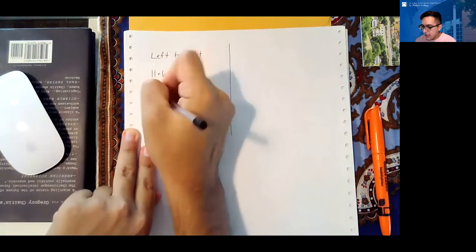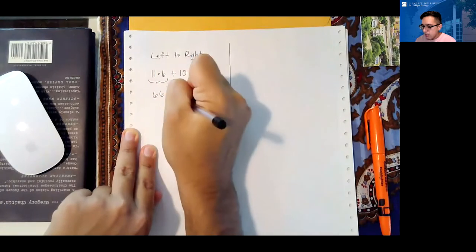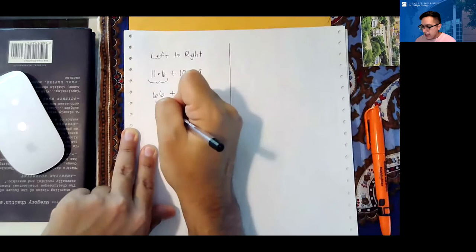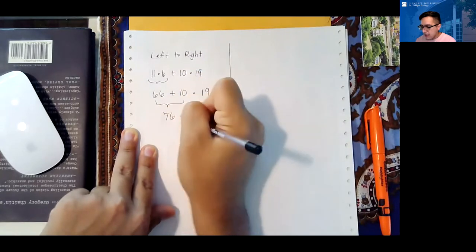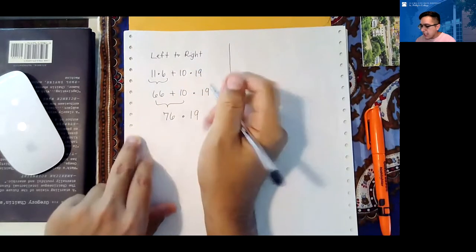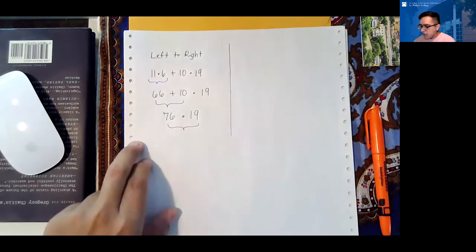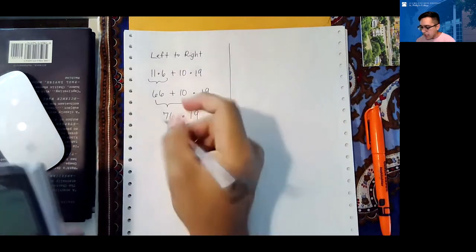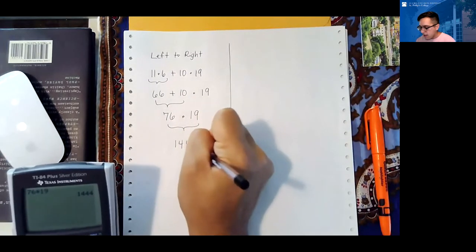This would be 66 plus 10 times 19. Then this would be 76 times 19. And then you could do this by hand here, or we could just throw 76 times 19 in our calculator, and we get this number here.